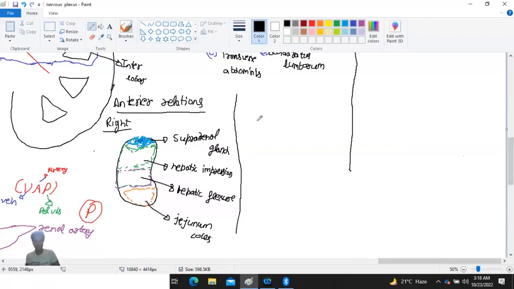Next, we draw the left kidney. The left kidney has impressions for the spleen, stomach, and pancreas. First, this is the kidney. Then we start from above, using a similar color pattern. This is the suprarenal impression.